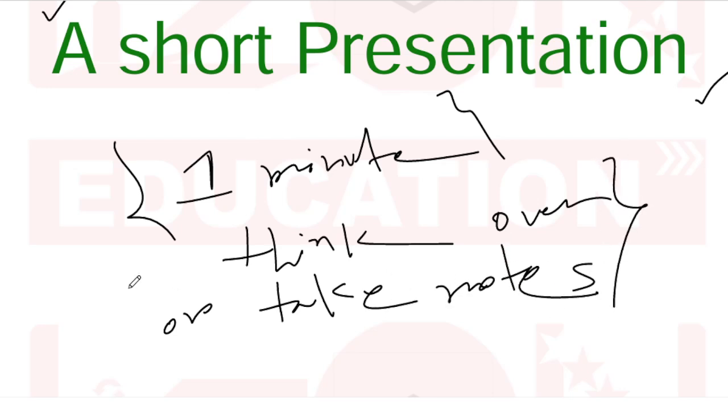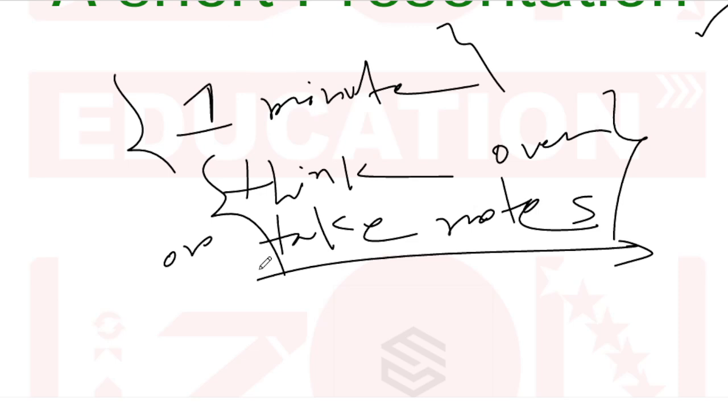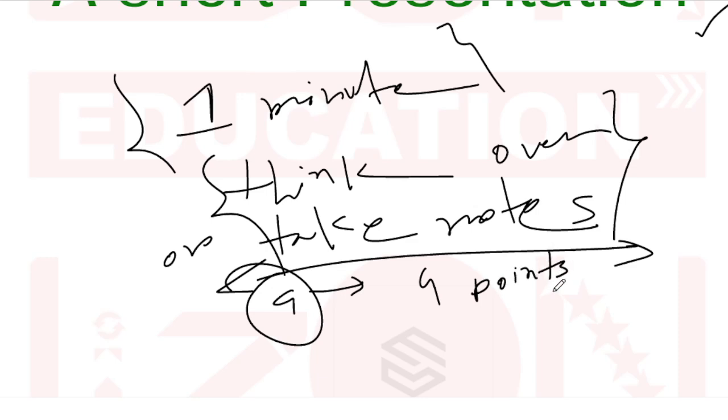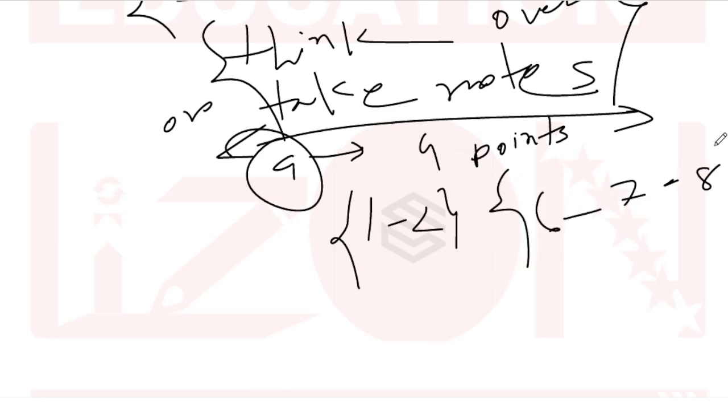Taking notes plays an important role, but the problem is students always take notes about the 4 questions. That means you have only 4 points to talk about. If you say just 1 or 2 sentences for each point, then after 6, 7, 8 sentences, you have nothing left to talk about.